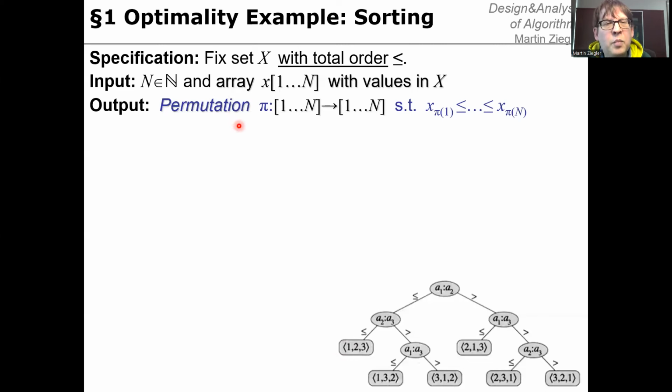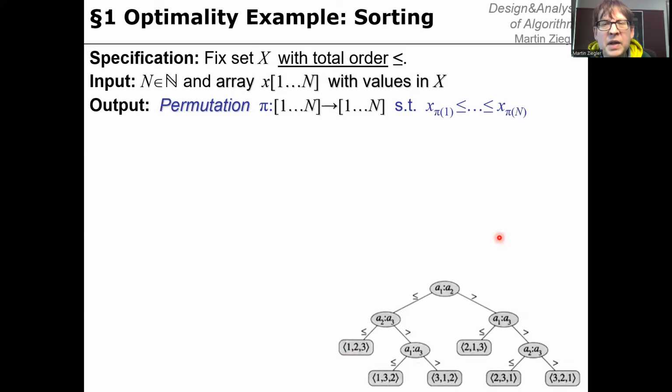Remember, the output of our sorting problem, the way we have specified it, is that the output should be a permutation. And these permutations are written here into the leaves of this decision tree for sorting 3 elements. Here, for example, the output is the identity permutation. Here, the output is the reverse, 3 to 1, and so on.